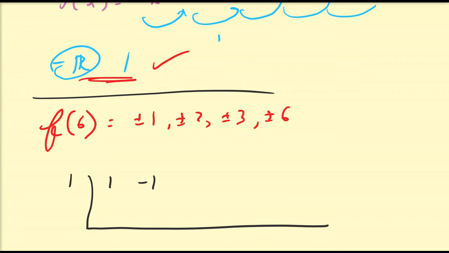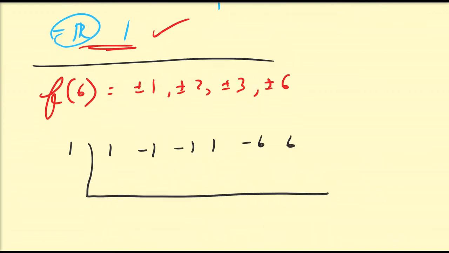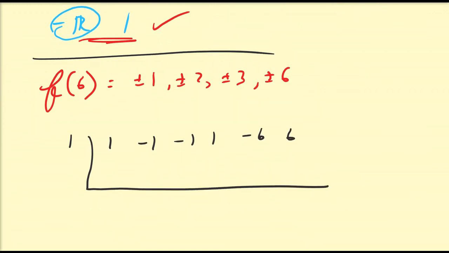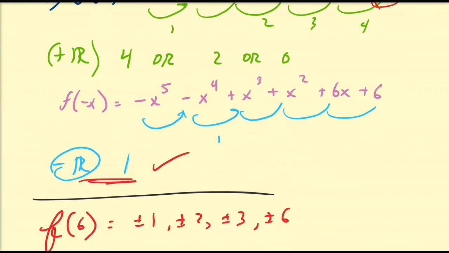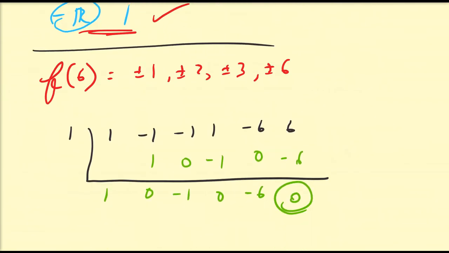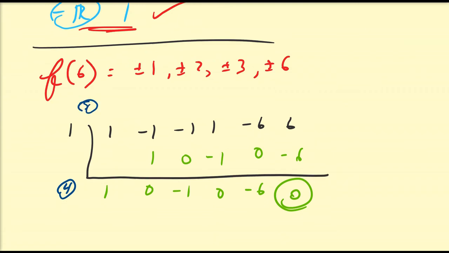So 1, negative 1, negative 1, 1, minus 6, 6. So we're going to bring down 1. So 1 times 1 is 1, adds to 0. 0 minus 1, that's negative 1, then 0, then minus 6, and the remainder is 0. So we started with a degree 5, so this is going to be a degree 4, right?